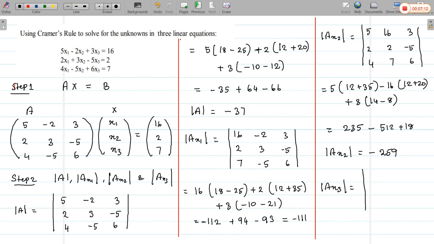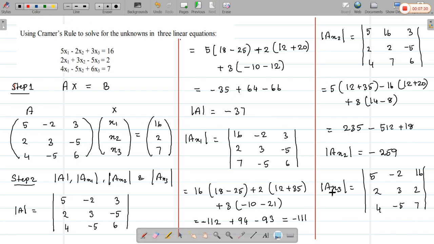So now we replace x3 by b. 5, minus 2, 16. 2, 3, 2. 4, minus 5, 7. So now we will expand this.